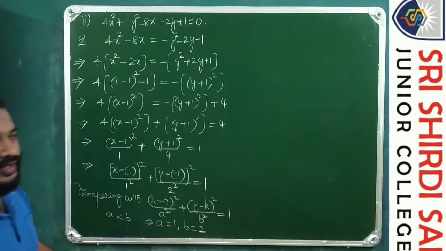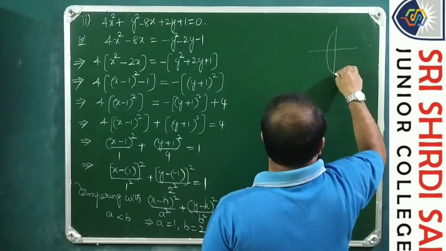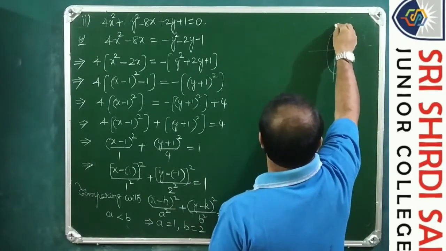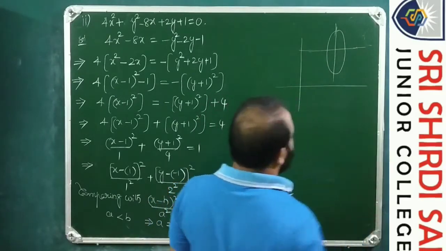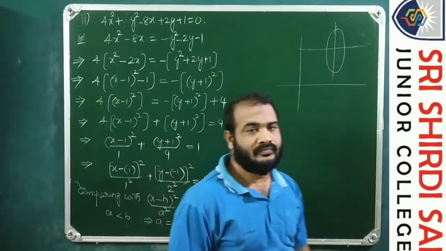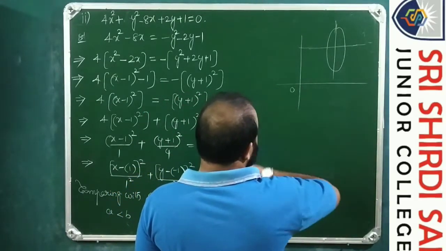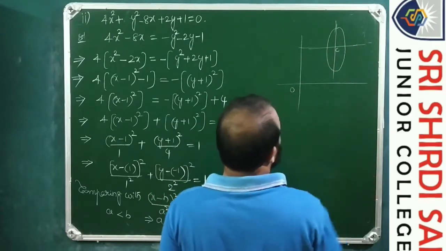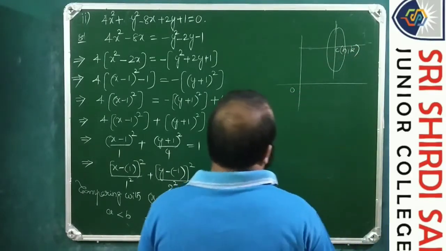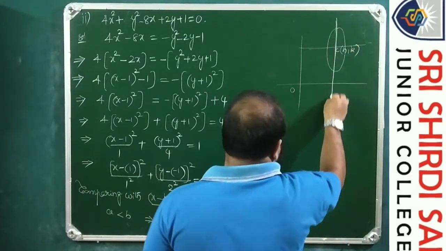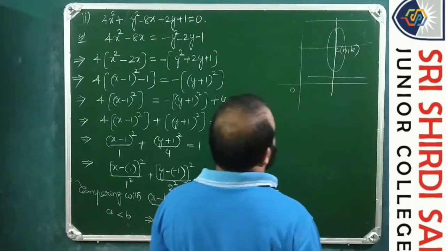Therefore, this is the ellipse like this. And this time the vertex is not at the origin, therefore the shifting of origin has taken place. So this is origin and this is our new center, which is h comma k, and these are the directrices.